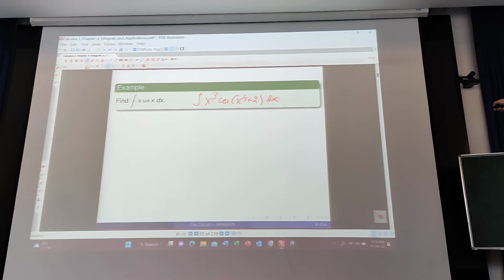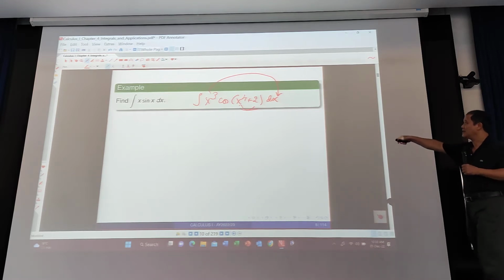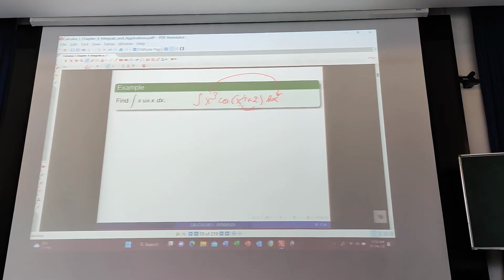If you think x dx, you put x under the differential, like the previous example, you have d of x⁴ plus 2. But if you put x under dx, you have x squared, which means you already increase the power of the variable of this function by 1 unit. It's quite different from here.